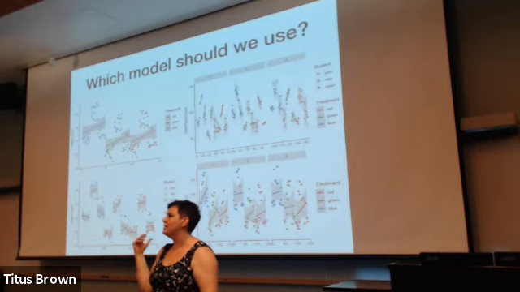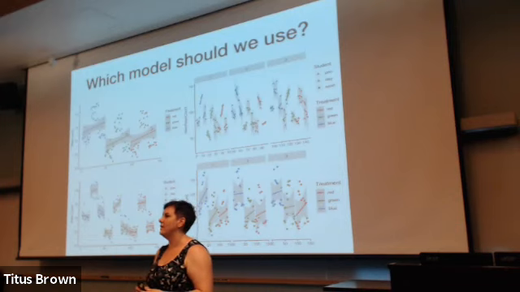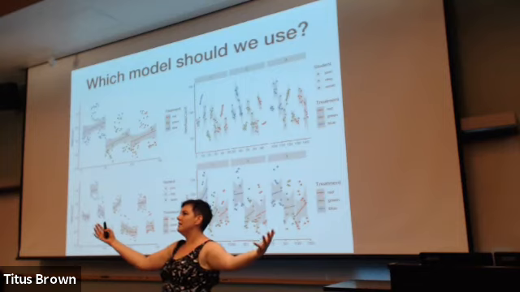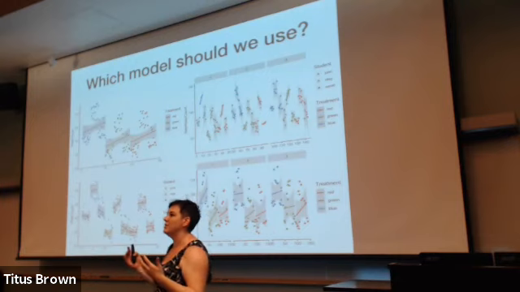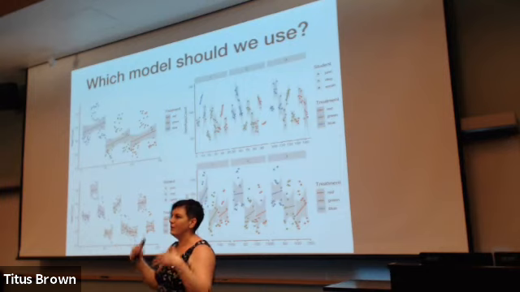Because with RNA-seq data, there's no normalization that you do before you get raw counts. You put it into your modeling framework, and then you have to build a model to account for all of the variation that you don't want to be included in your counts.